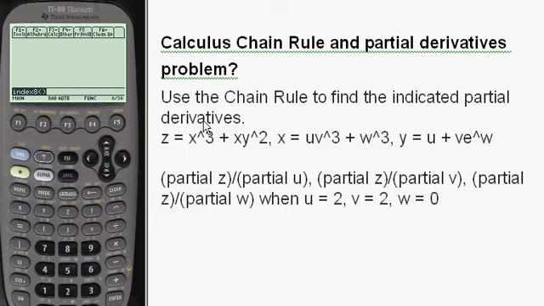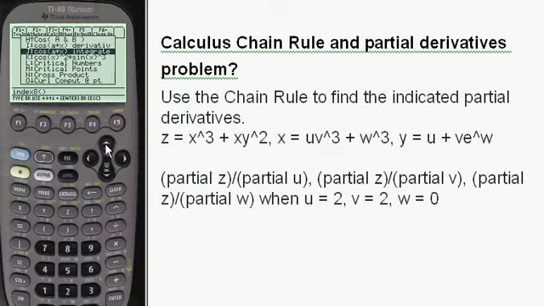You'll notice that it's a chain rule. They give you z equals x cubed plus x times y squared, and then they give you these u, v, and w amounts, plus they give you the actual u, v, and w values here too. So let's see how my programs work on this.